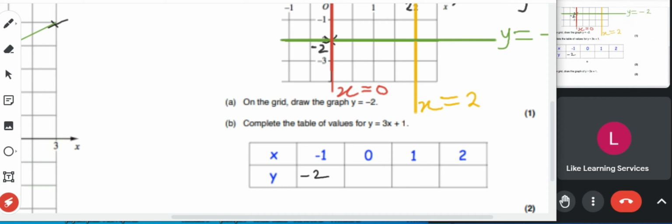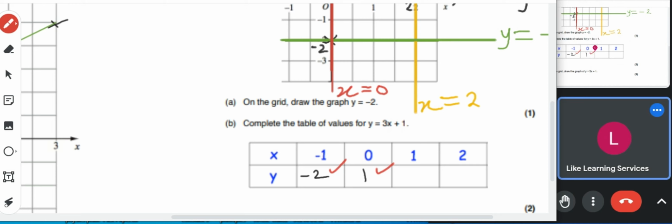Isn't it 1? Because when x is 0, we have 3 times 0 is 0, then plus 1 is 1. That's correct.